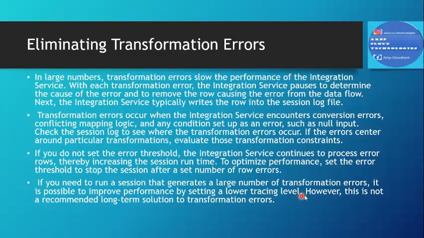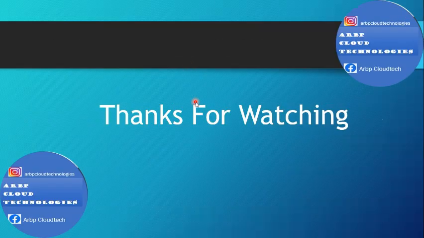However, this is not a recommended long-term solution to transformation errors. But sometimes, whenever you face this kind of issue, you can configure it according to your requirement. So this is all about eliminating transformation errors.